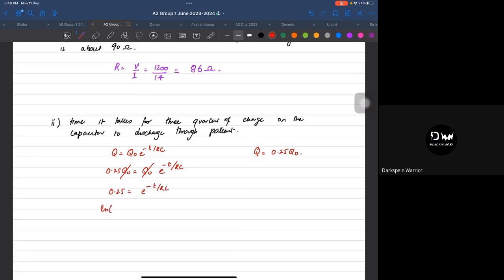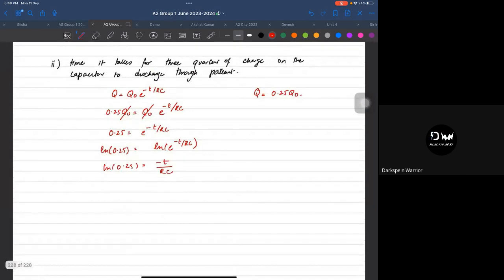Take ln. When you take ln, it will be ln e to the minus t over RC, and then ln e will be finished, so it will be minus t over RC left. Now, because we need time, time will be equal to minus ln 0.25 times R times C. The resistance we found was 86, and the value of capacitance was 150 times 10 to the minus 6.